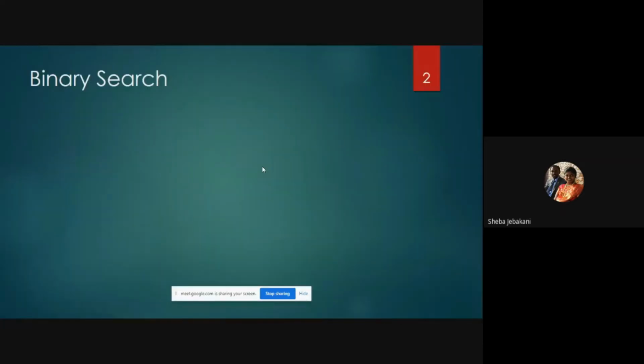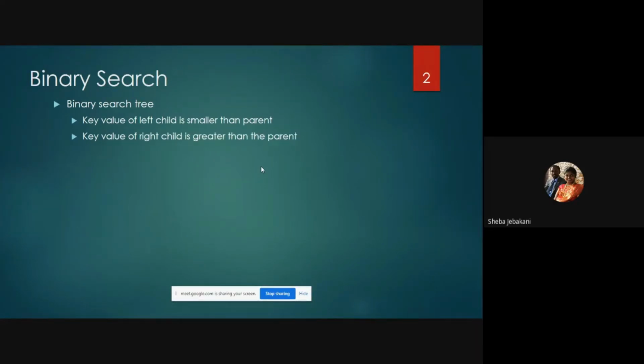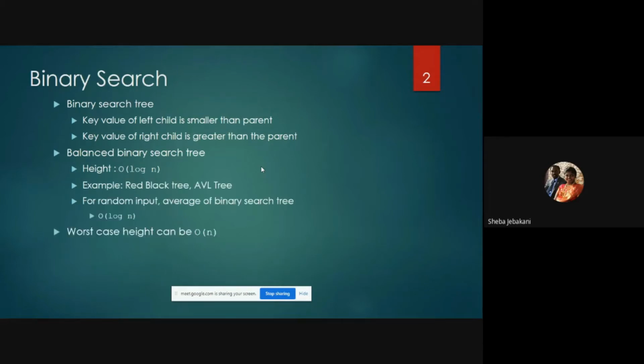So that being said, coming back to binary search tree, the key value of the left child is smaller than the parent node and the key value of the right child is greater than the parent node. When you're talking about a balanced binary search tree, we saw that even in the last level, it should be starting from the left hand side.